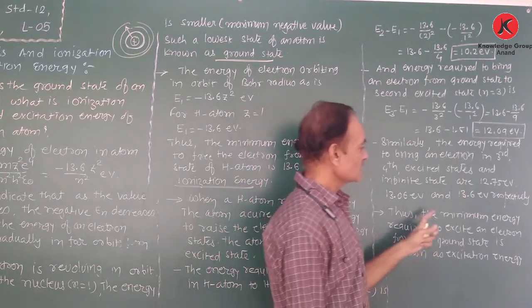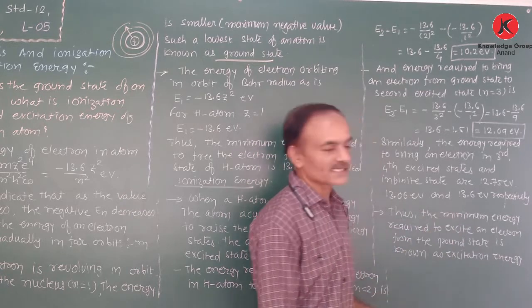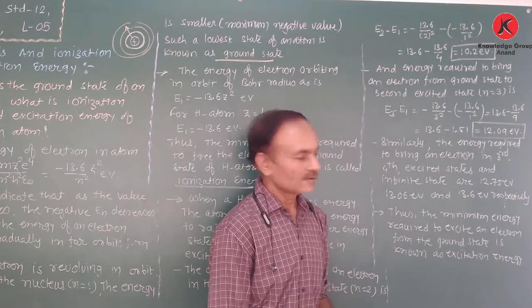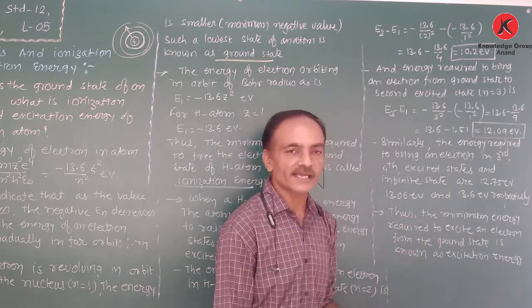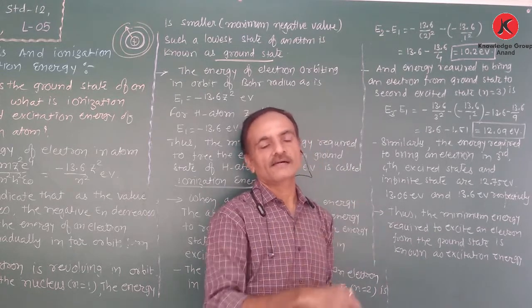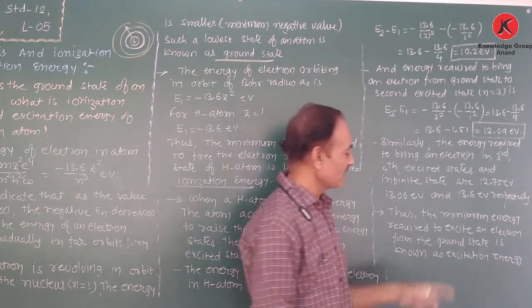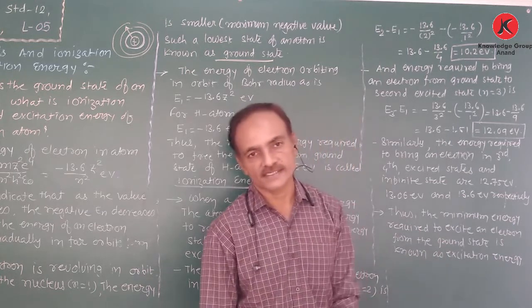Clear? Thus, the minimum energy required to bring the electron from the ground state to another excited state is known as the excitation energy.